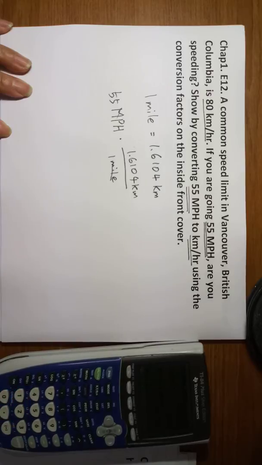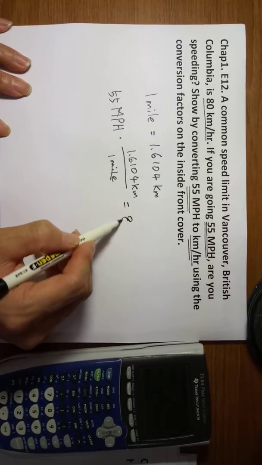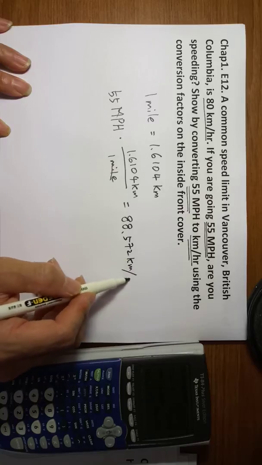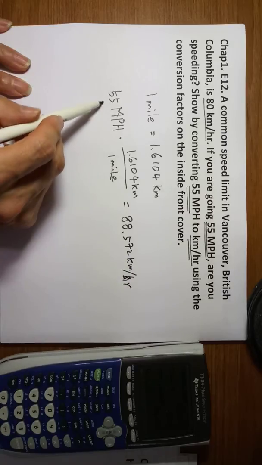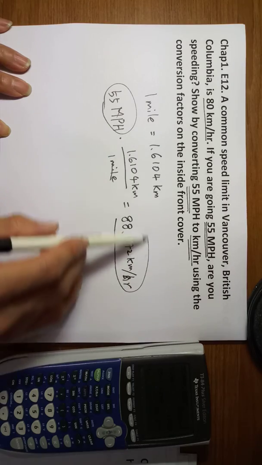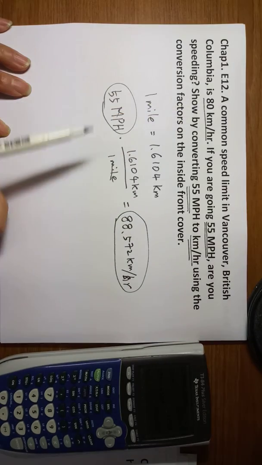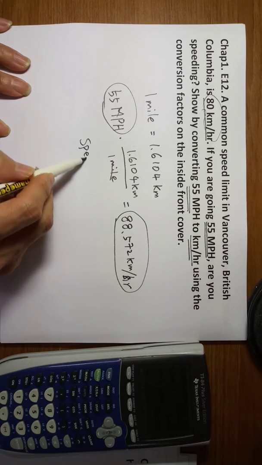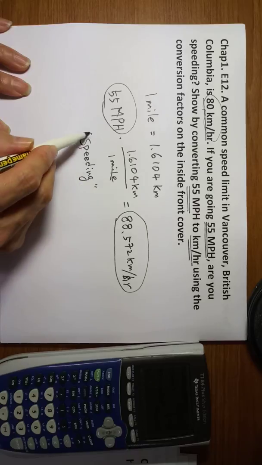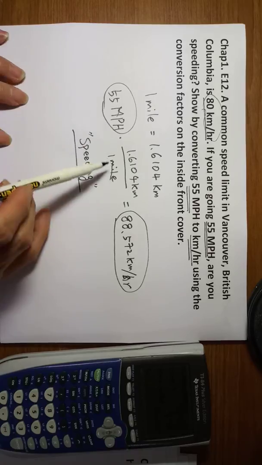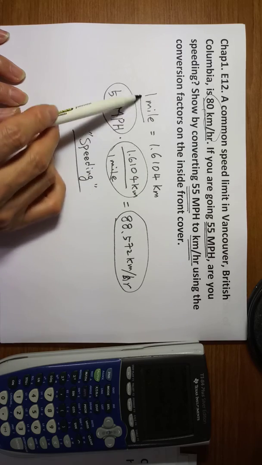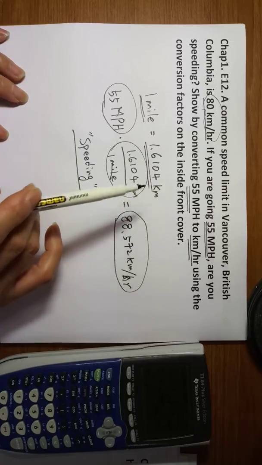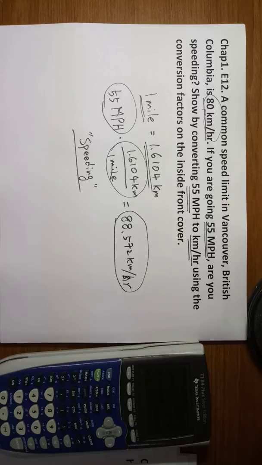Then you will get 88.572 kilometer per hour. 55 mile per hour converts to 88, and the speed limit is 80, so it exceeds, so it is speeding. Okay, so that is it. You need to know the conversion factor 1 mile is 1.6104 kilometer from the previous question. Okay, I'll continue to the next one.